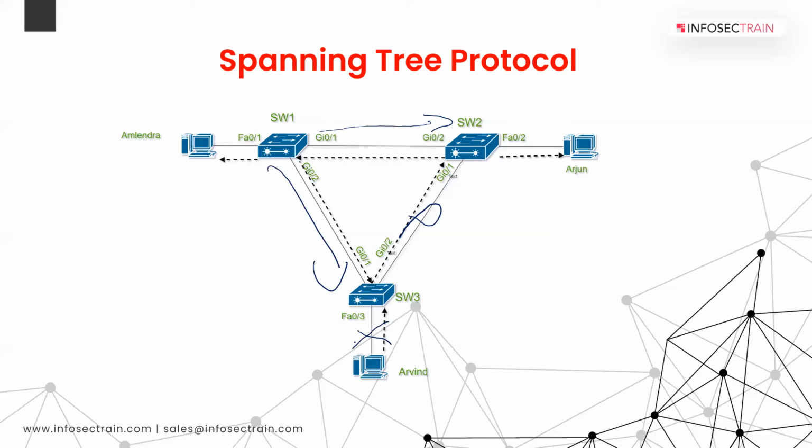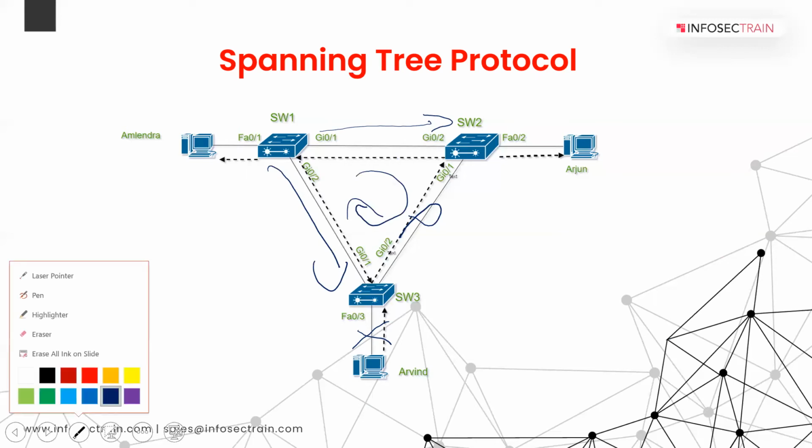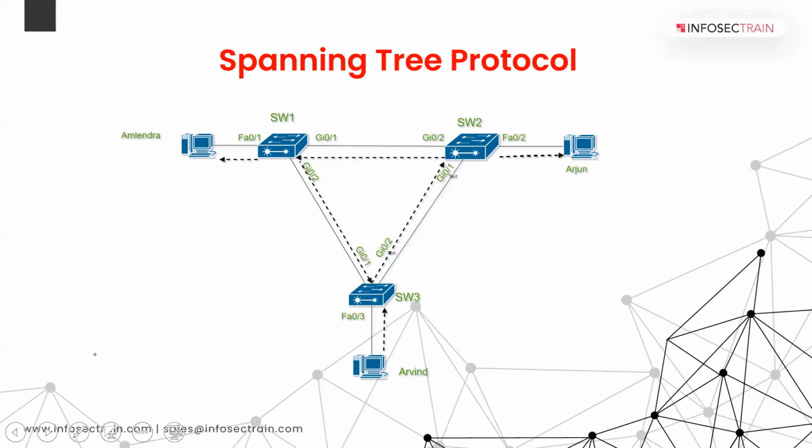So switch 1 will forward the data towards switch 2 and switch 3. They don't have any place to forward it again. So the data will not be continuously looping around in the topology, and it will never be crashing the switches, right?